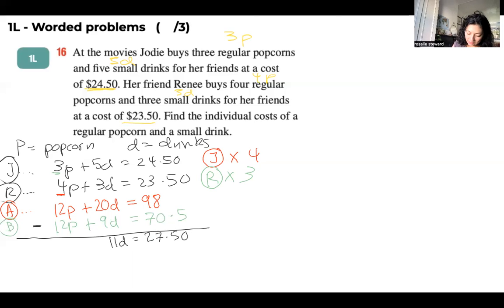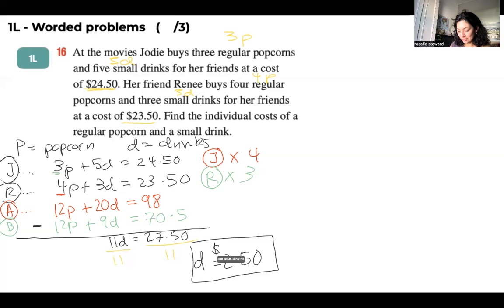And now you need to divide both sides by the 11 to just get the d by itself. So calculate, that equals $2.50. A bargain. Excellent. So now you've got d equals $2.50. Put a little dollar sign there, just shows you know what you're doing. And now you sub d equals 2.5 into any one of your equations.